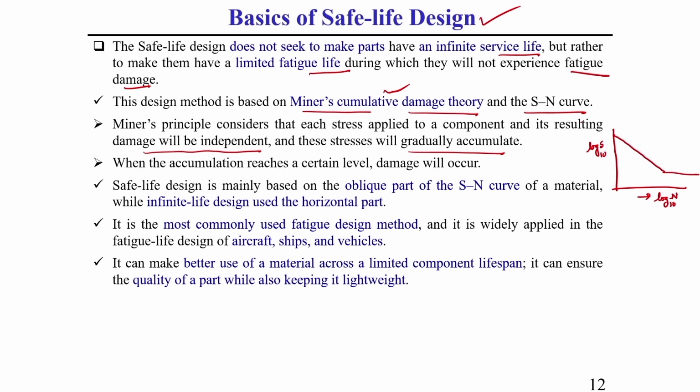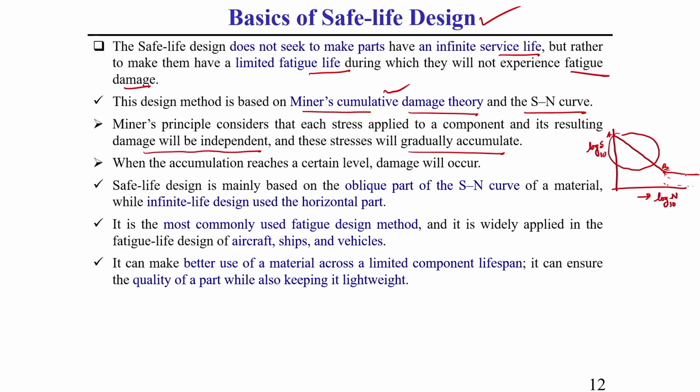Generally this safe life design is more applicable within this zone, that means the oblique part from A to B. In the horizontal part, from B towards C, infinite life design techniques are generally used, because that part is after the endurance strength, whereas in the A to B part along the oblique portion of the S-N curve, safe life design is mainly used. This you should keep in mind.